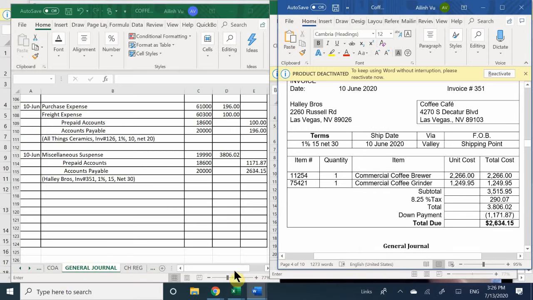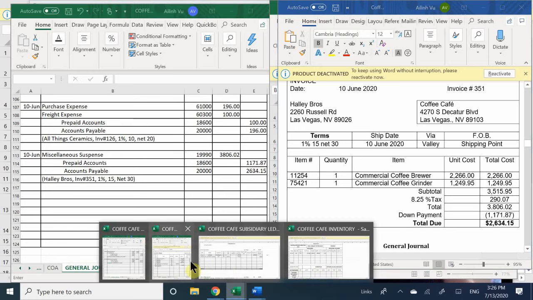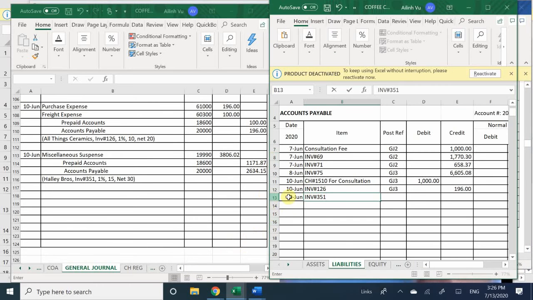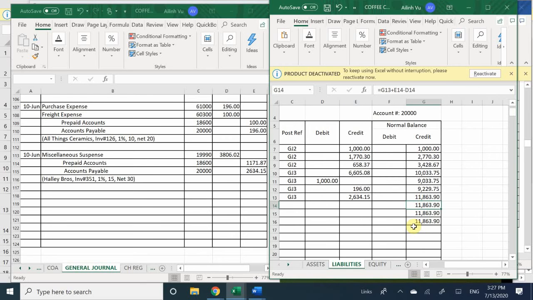Ledger. So here, invoice number 351, general journal number 3, and we're increasing the amount that we owe by 2634.15, which should give you a new amount of $11,863.90.